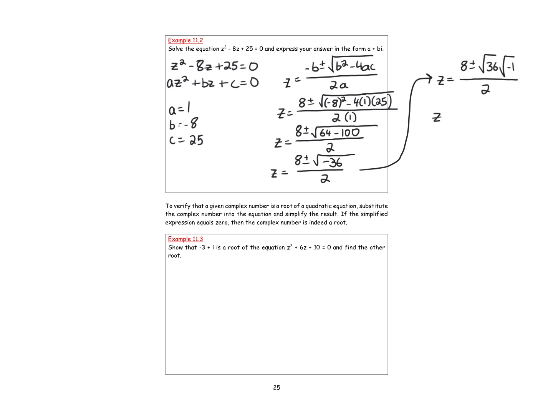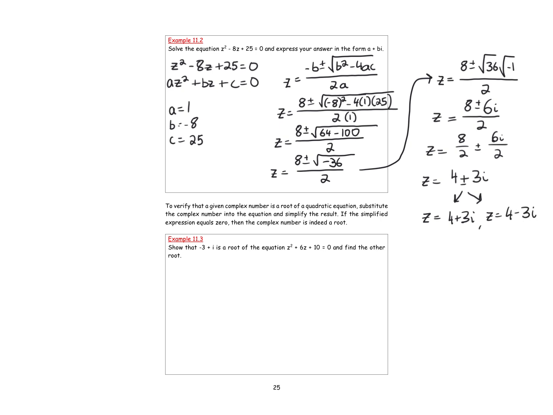The square root of 36 is 6, and the square root of -1 is i, all over 2. Breaking that down, we have 8 over 2 plus or minus 6i over 2. That leaves us with 4 plus or minus 3i. And again, we can write that z is equal to 4 plus 3i, z is equal to 4 minus 3i.